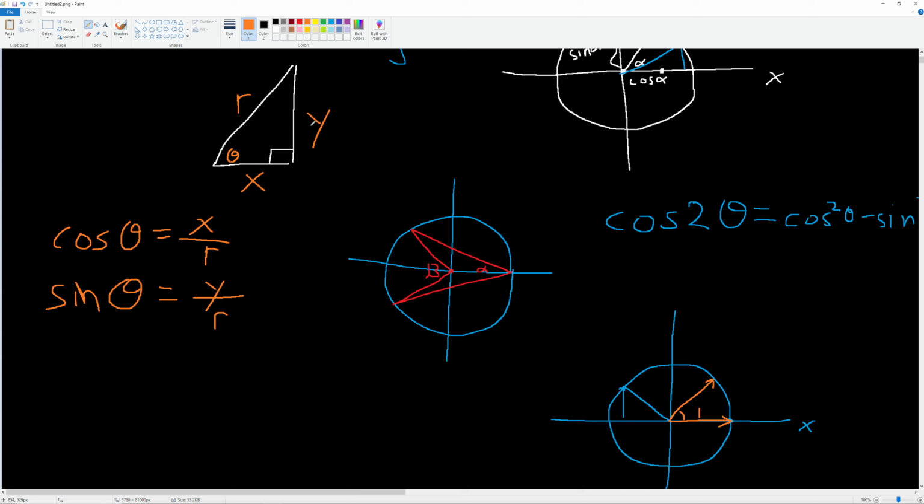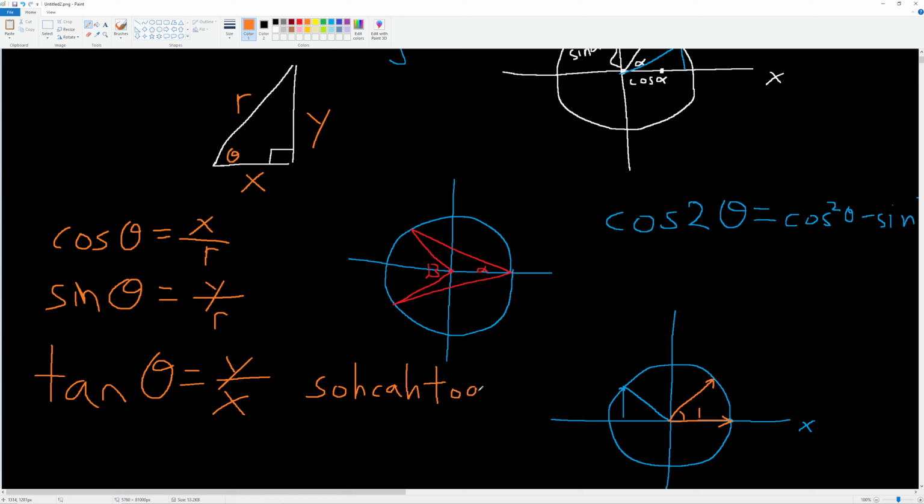And so the opposite over the hypotenuse is sine, and then there's also stuff like tangent, and that will be the opposite over the adjacent. The way I memorized this, other people were doing this way of memorizing it called SOHCAHTOA. I think different classes have different ways of doing it.